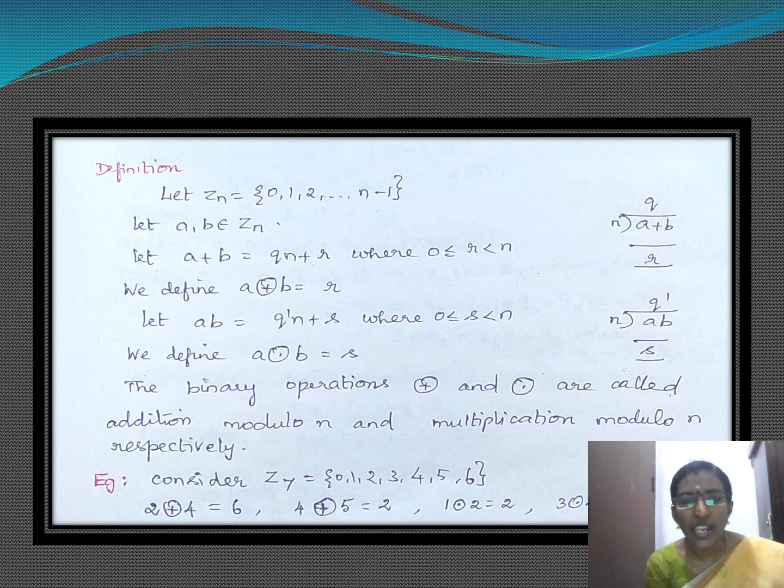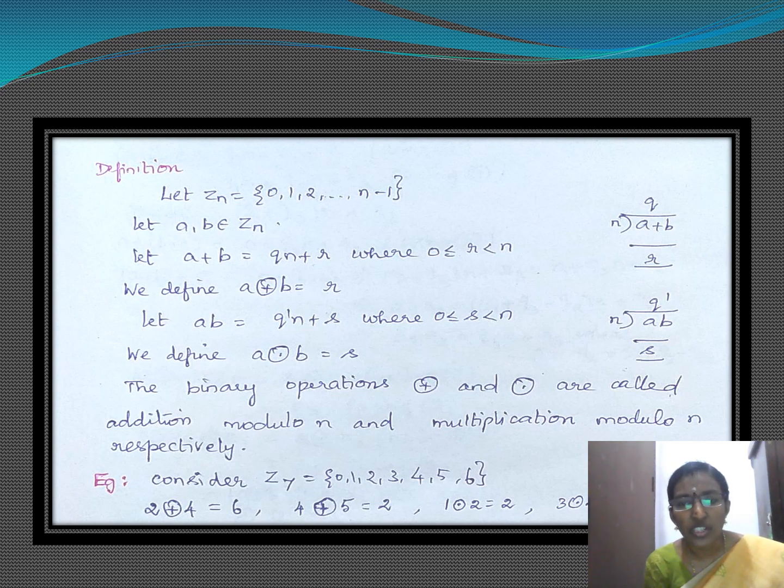We define a dot circle b is equal to s. The binary operations plus circle and dot circle are called addition modulo n and multiplication modulo n respectively. In this way, we define two binary operations plus circle and dot circle on the set Z_n.